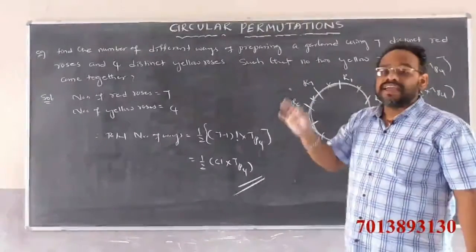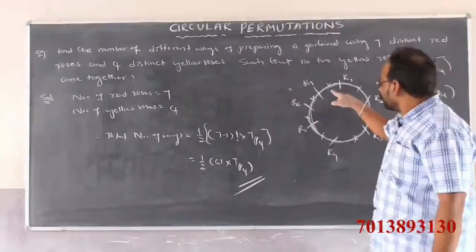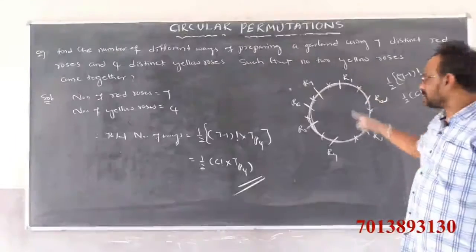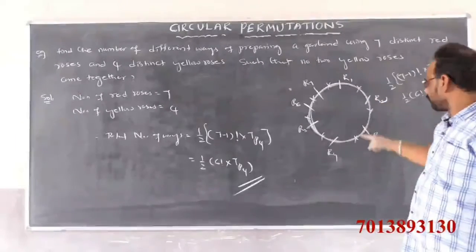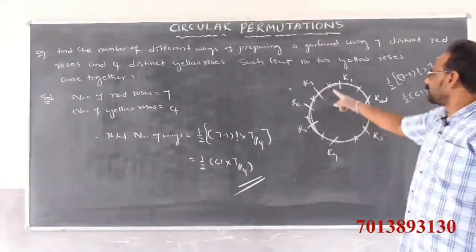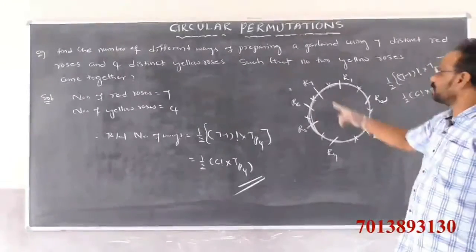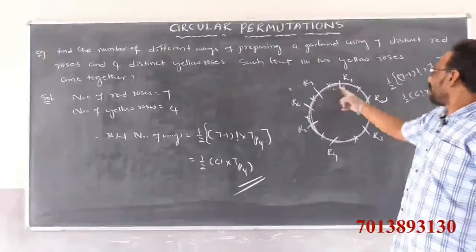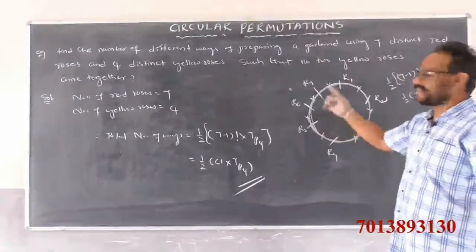So every yellow rose can be fit into these gaps. How many ways to fill these gaps by using 4 distinct yellow roses? We have 1, 2, 3, 4, 5, 6, 7 gaps.